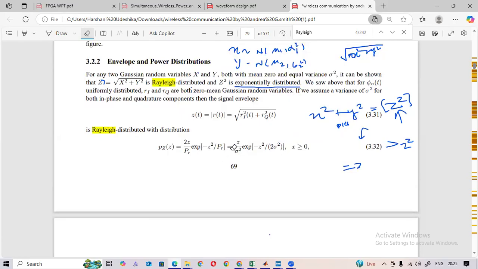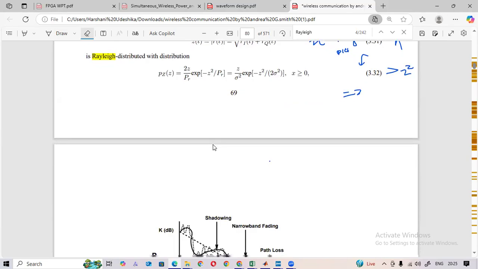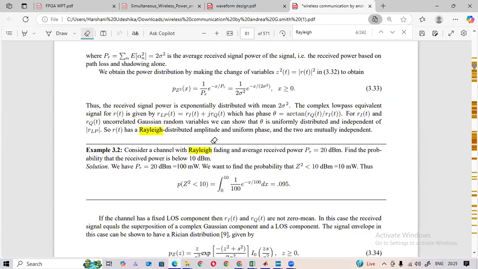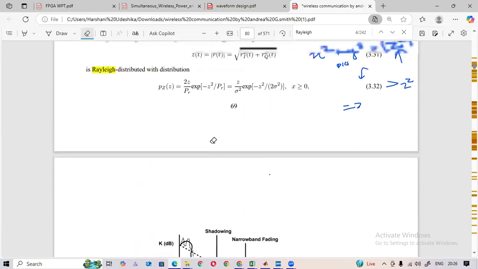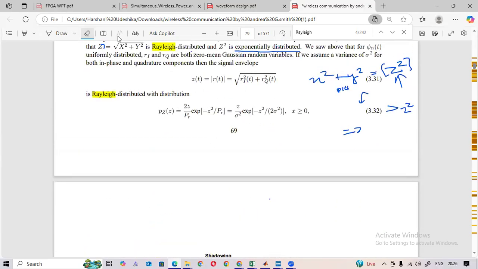This is the Rayleigh distribution equation, okay.